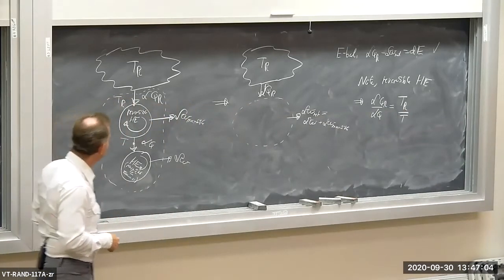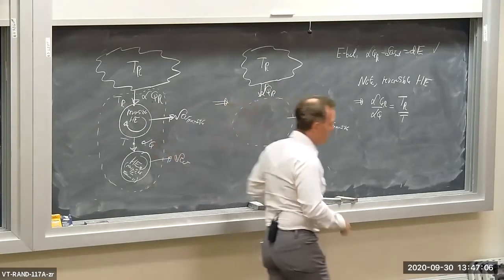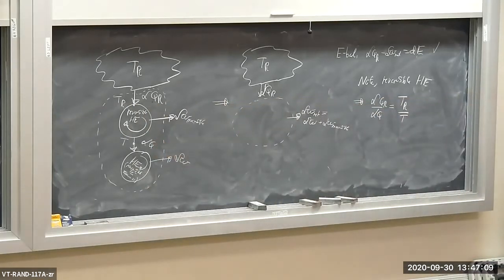So that ratio of heat transfers, del QR over del Q, has got to equal TR over T.